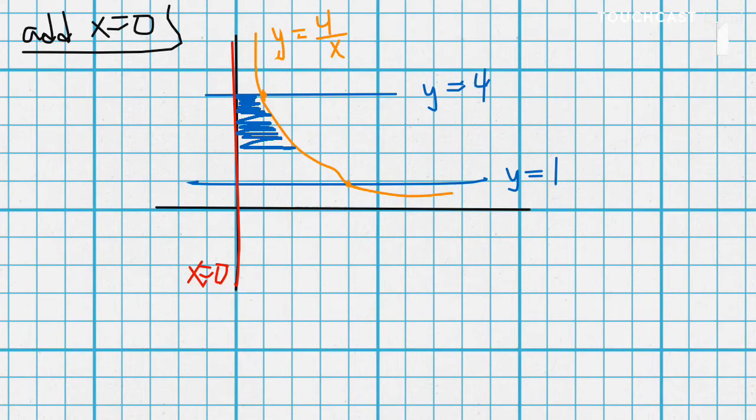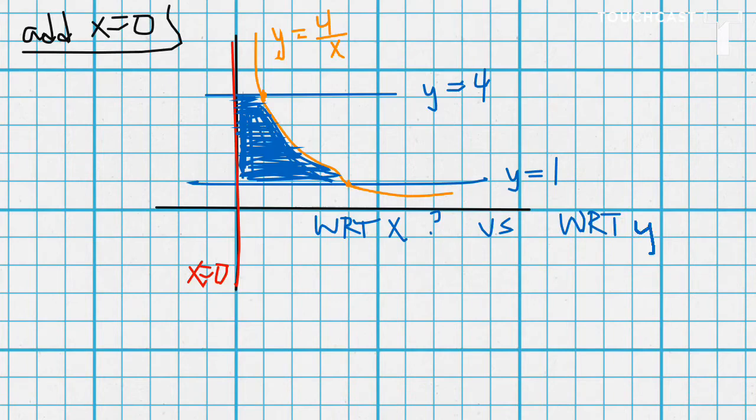And so between the blue lines that I graphed and the orange curve and the red curve, I have this space. So now I have to decide if I would like to do this with respect to x or with respect to y.